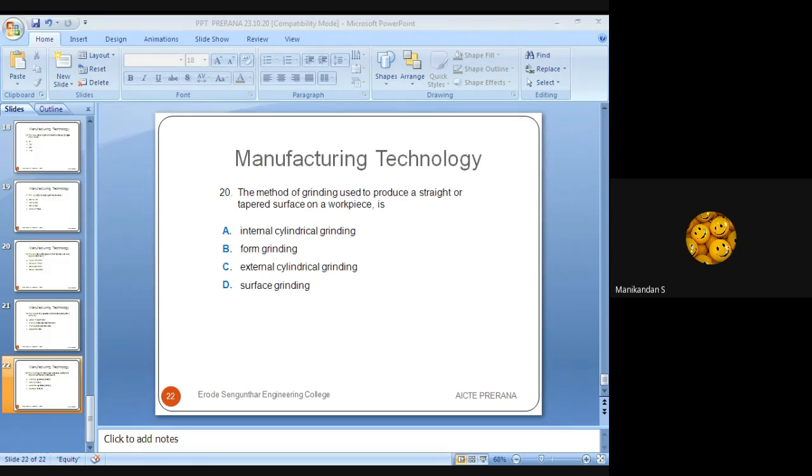Actually, both internal and external cylindrical grinding can produce straight or tapered surfaces, but as the question says on the workpiece, external cylindrical grinding is exactly the correct one, not surface grinding.